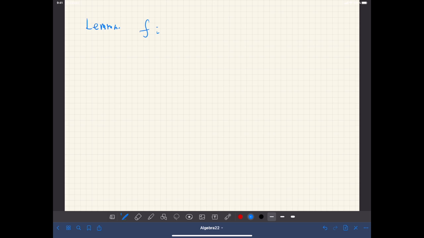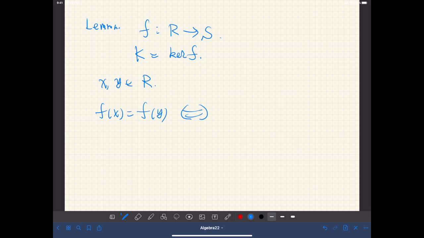If we have a ring homomorphism f from ring R to ring S, such that K is the kernel of f, and let x and y be elements of R, then f of x is equal to f of y if and only if the cosets of K are the same.